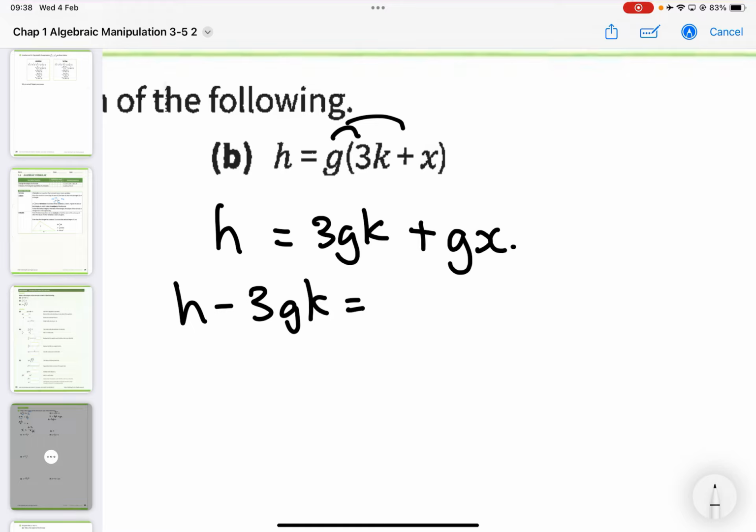So I'm left with gx on my right. Okay? I get rid of the cousin already. Now I want to get rid of the brother, the g. g times x. Then just like just now, I don't want the g. I want to divide it by g. Then I need to divide the entire left hand side by g also.